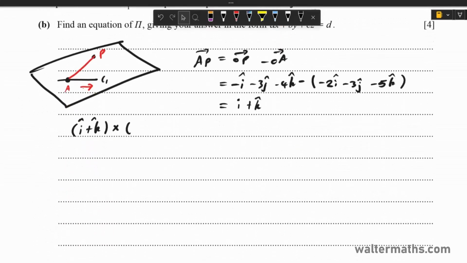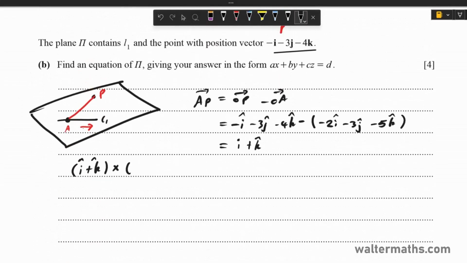And this will give us the normal to the plane. The normal to the plane is perpendicular to the plane. In this case it's perpendicular to these two vectors. All right, so it's a common perpendicular.